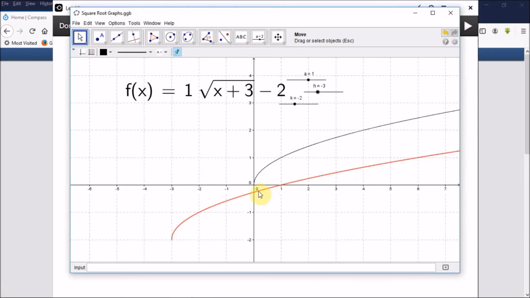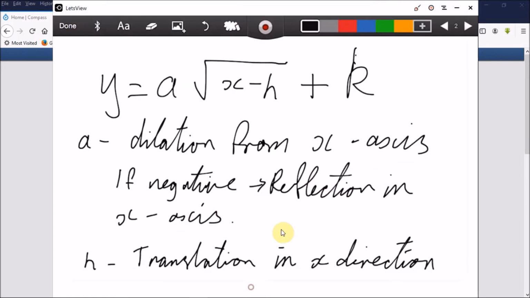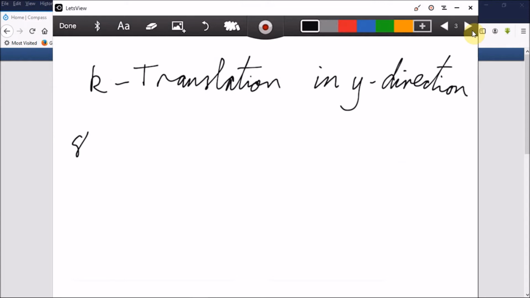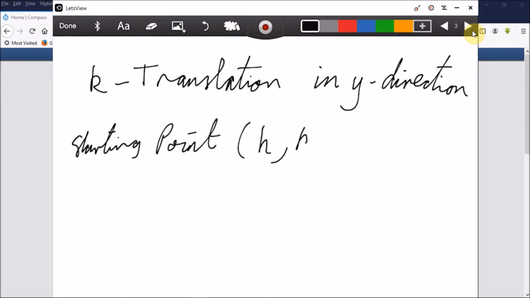So we've got our starting point here, and this is our key point we need to look at. Our starting point here is at -3 and 2. So our starting point will be at h and k.